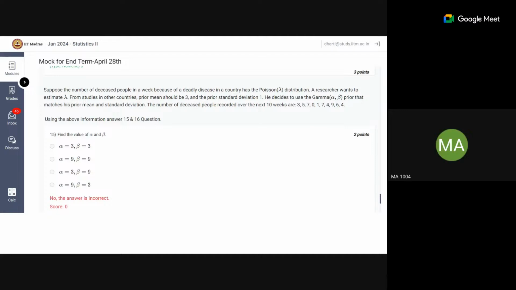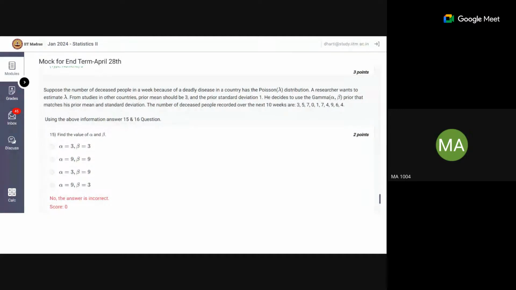Take this as the mean and this as the standard deviation. The researcher takes the prior distribution of lambda as gamma with alpha and beta, whose mean is 3 and whose standard deviation is 1. That matches his prior mean and standard deviation.